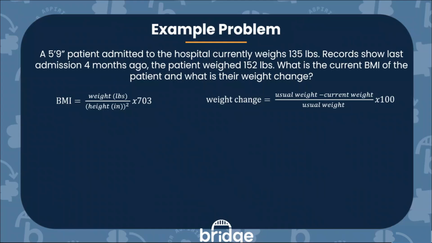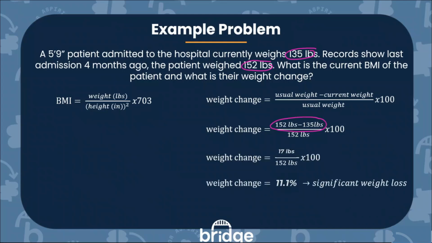To solve for weight change, we need the patient's usual weight. And 4 months ago, they weighed 152 pounds. Currently, their weight is 135 pounds. So when we plug into our weight change equation, we take 152, we subtract 135, we divide by 152. The difference between these two numbers, 152 minus 135, is 17 pounds.